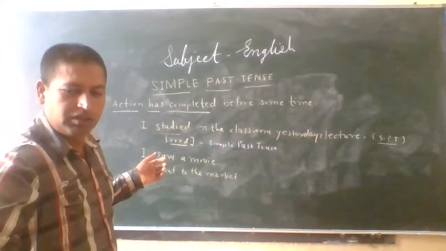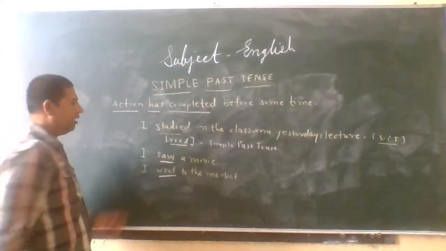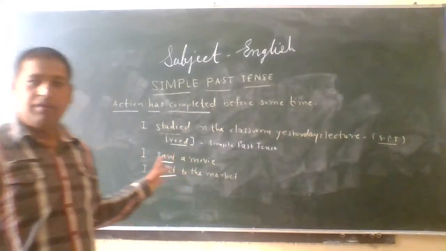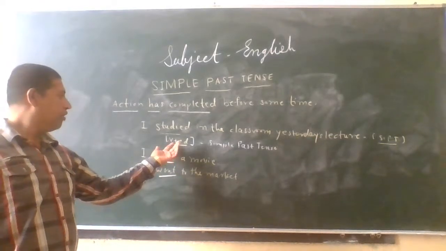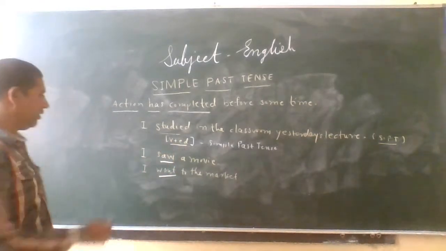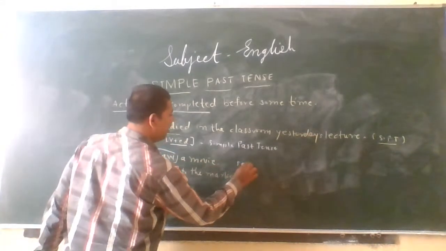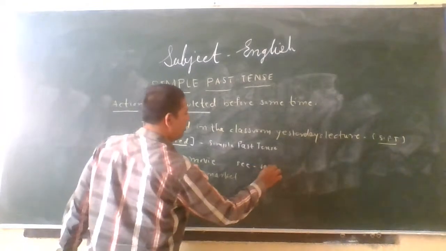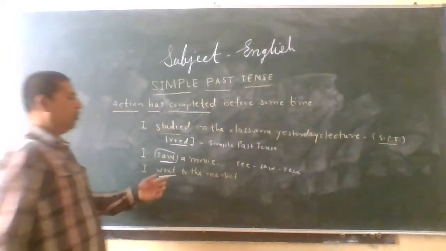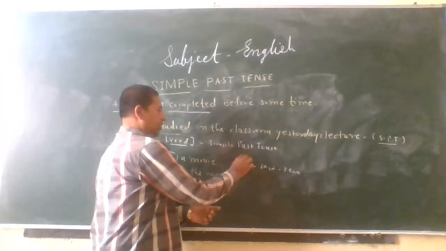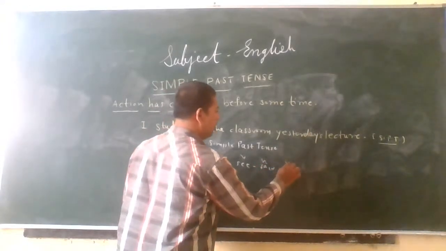Here, some verbs do not have ed added, so you will wonder about that. I saw the movie: it is not like that, because the verb is see. See, saw. Verb second form is saw, and then the verb third form.